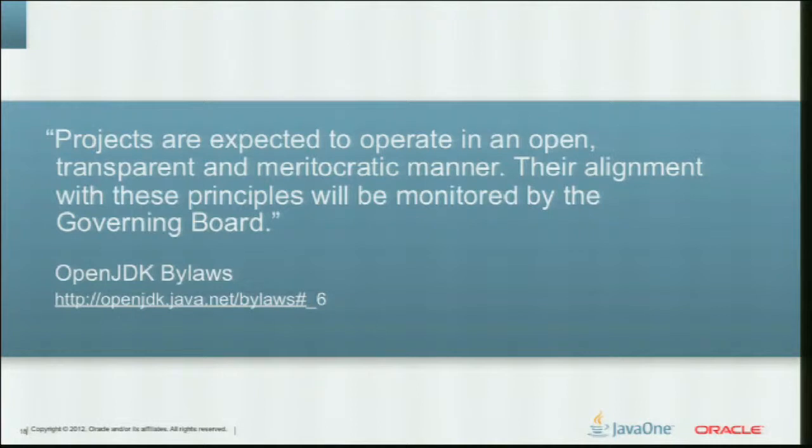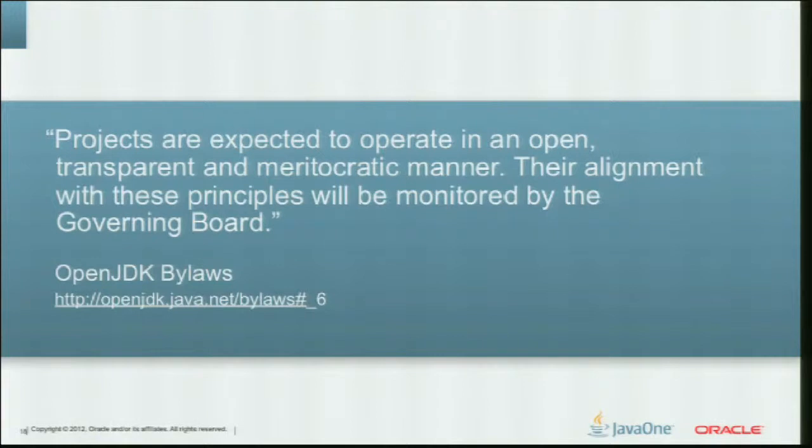So if you read our bylaws on openjdk.java.net/bylaws, there's a sentence in there, or a couple of them, that says projects are expected to operate in an open, transparent, and meritocratic manner. So open, transparent, meritocratic. That's good. And if they don't, their alignment with these principles will be monitored by the governing board. So to keep us honest.